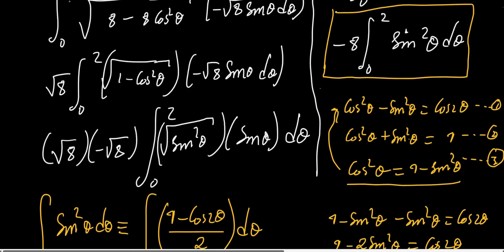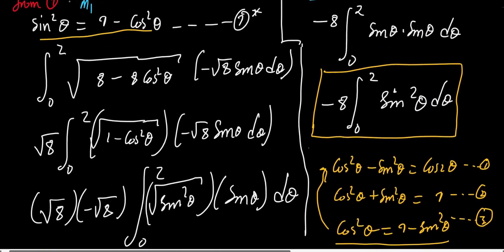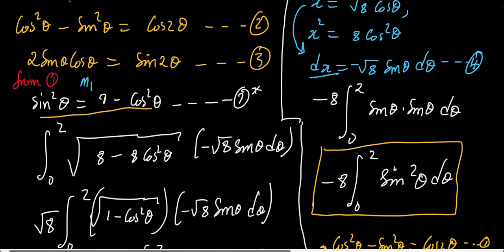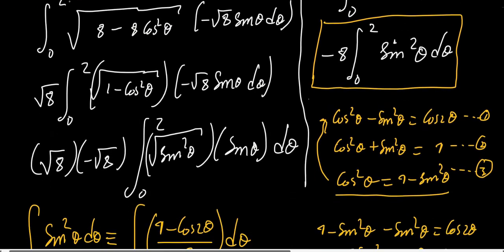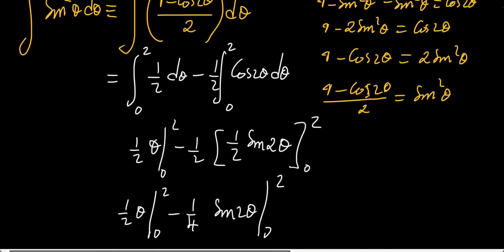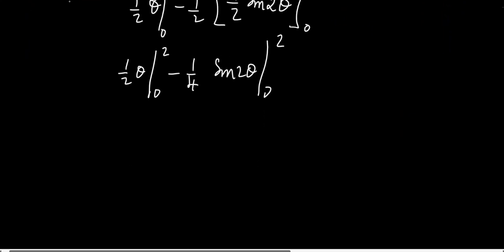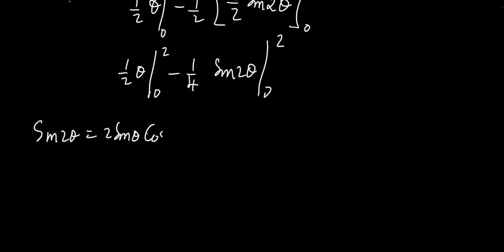also a double angle identity in terms of sine 2 theta, and that was sine 2 theta from equation 3 is 2 sine theta cos theta, and that is where it's going to be very useful to us. What do we know? We know that sine 2 theta is 2 sine theta cos theta.